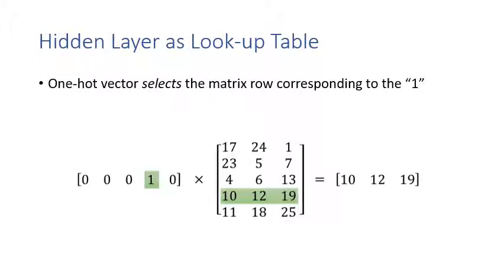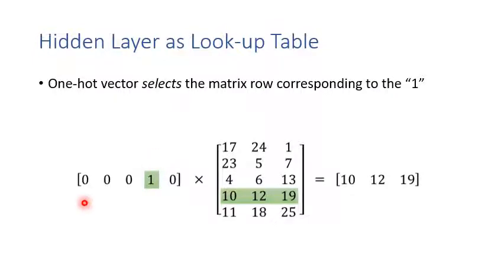Why can we use the row vector as the embedded vector directly? Here is the explanation. We can use the hidden layer as the lookup table for our words because if you multiply a one-hot vector with the matrix, it actually equals selecting the matrix row corresponding to the data entry.